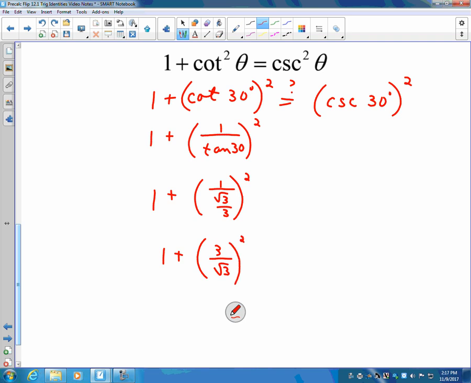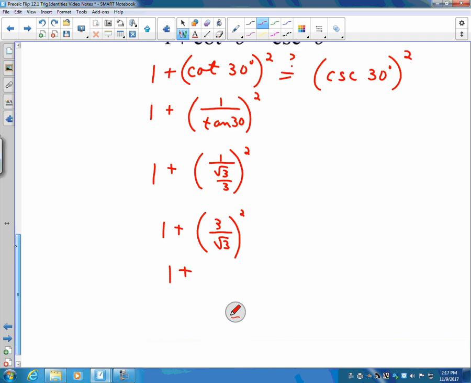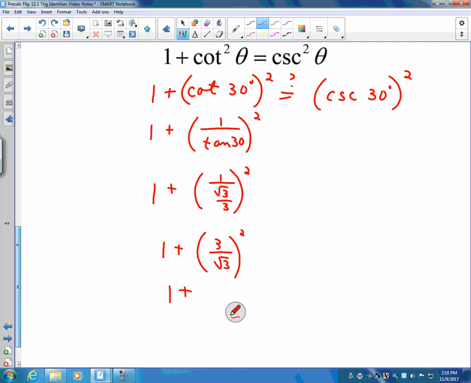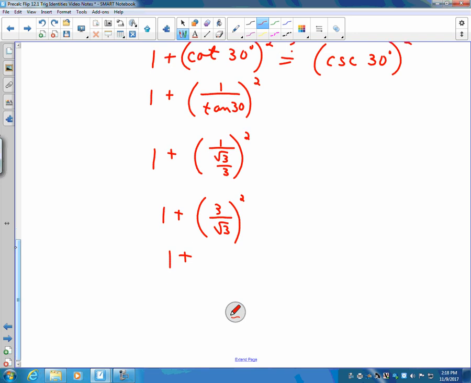All right, no need to rationalize that. 3 squared is 9. Radical 3 times radical 3 is 3, and 1 plus 3, of course, is 4.